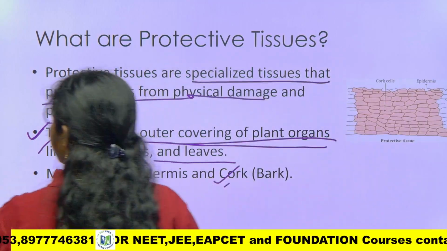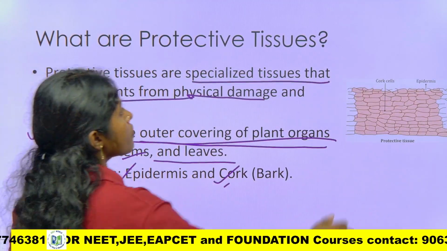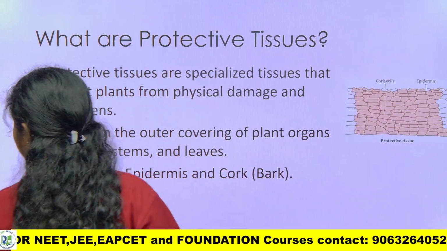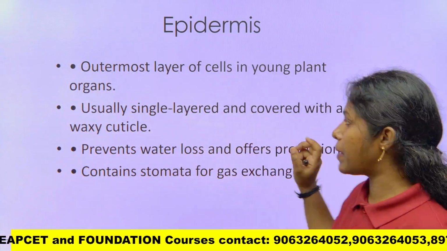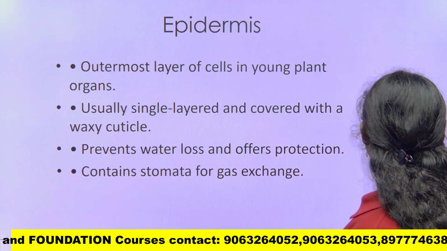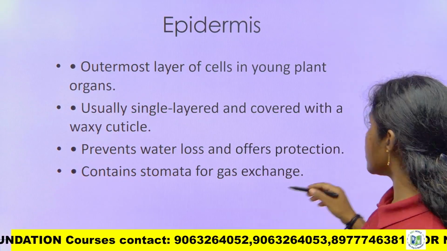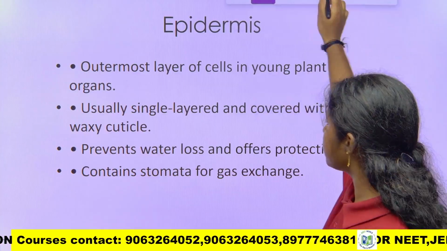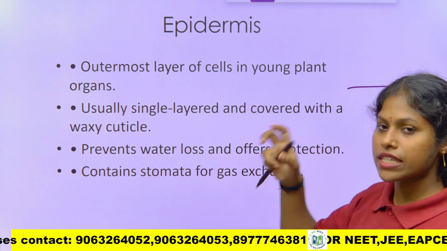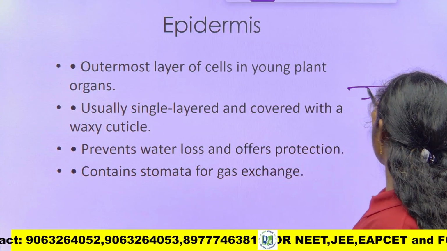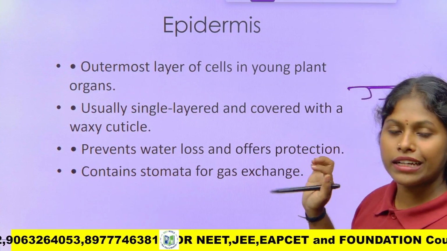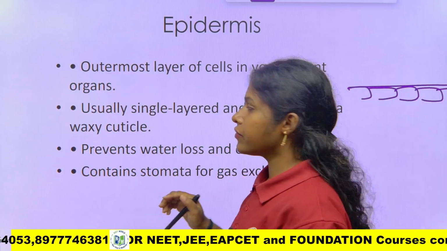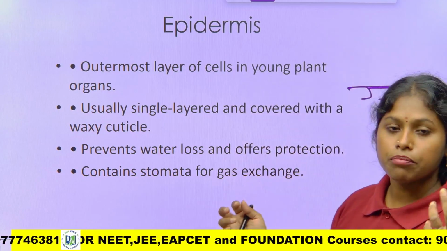Here see children, first the epidermis. Epidermis is the outermost layer of cells in young plants, and usually it is single layered. When we see the tissue under the microscope, the first layer we see is the epidermis.